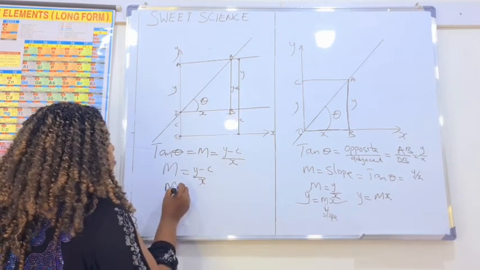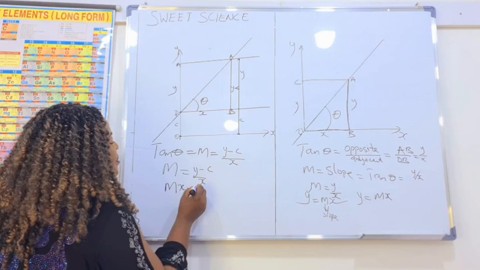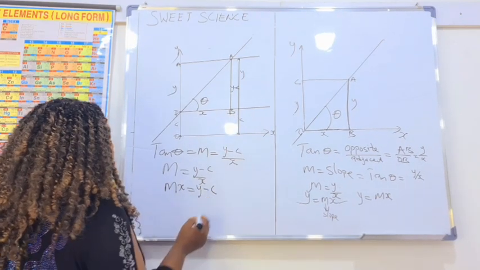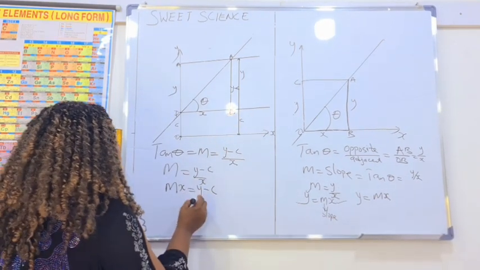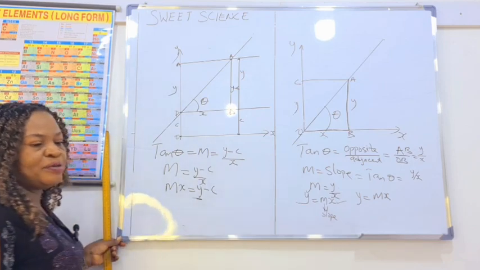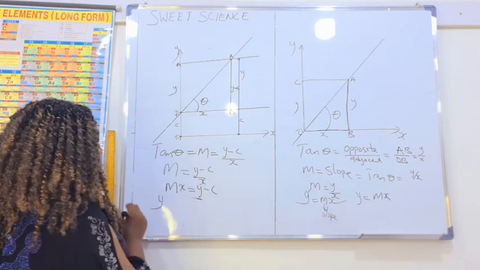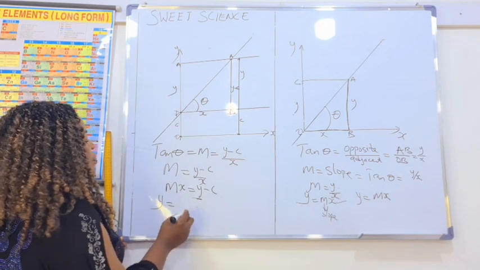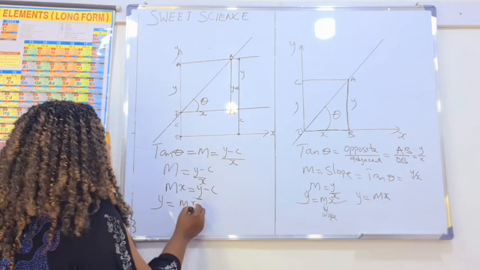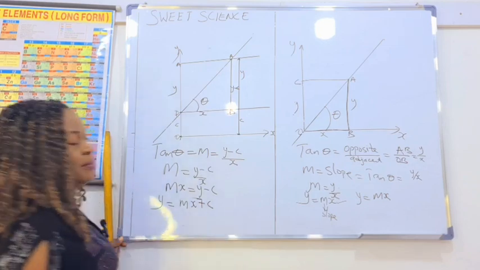And mx is equal to y minus c, making y the subject of the formula. That is the dependent variable. If you make y the subject of the formula, it is equal to mx plus c.